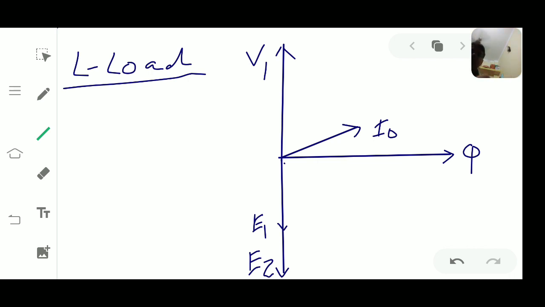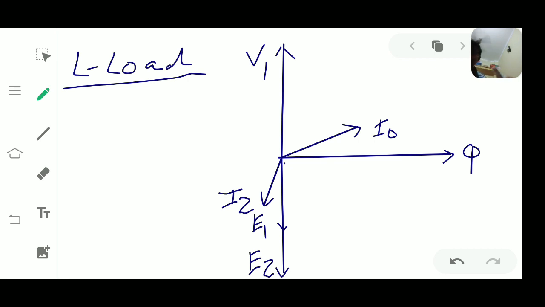So here I2 will lag behind E2. Since it is not a purely inductive load, it will not lag by 90 degrees; it will be an acute angle. Let us say I2 is somewhere here.